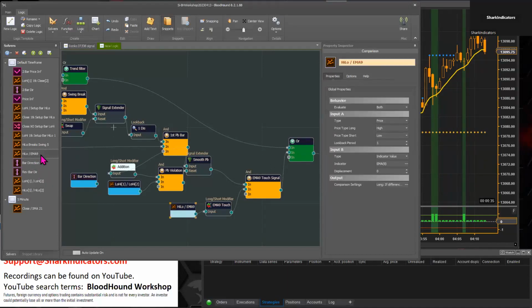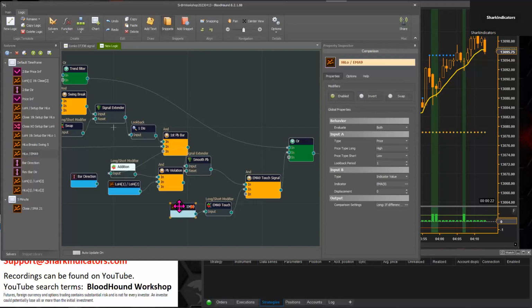There it is, that guy right there. Of course you could make a duplicate and then move it onto the 5-minute time frame. And then you could substitute that in here, to make it a bar touching the 5-minute 9 EMA instead of the 1 minute.